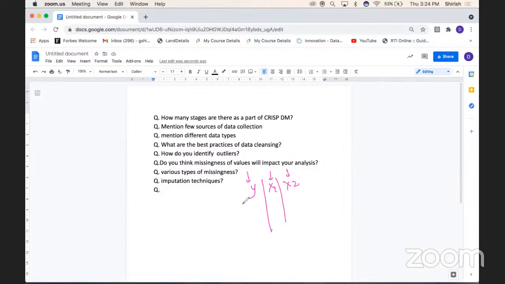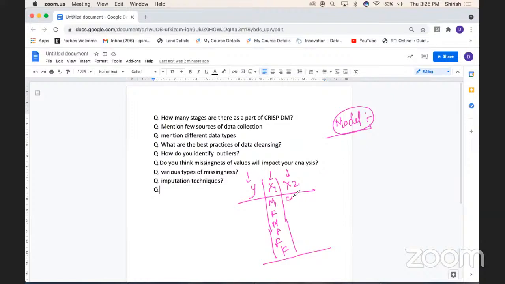When you have x1 and x2, you may have 0, or you may have male, female, female, female, like this data. If you pass this data as is to your model, the model will not understand.